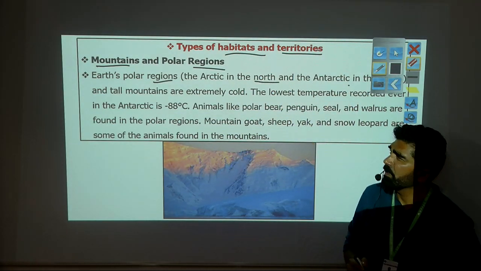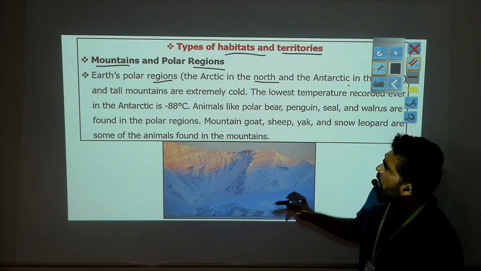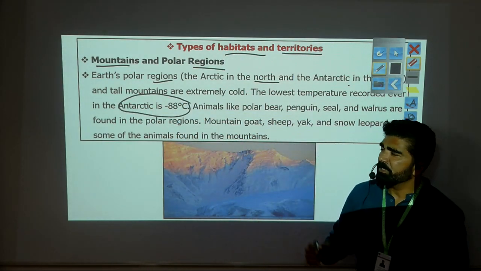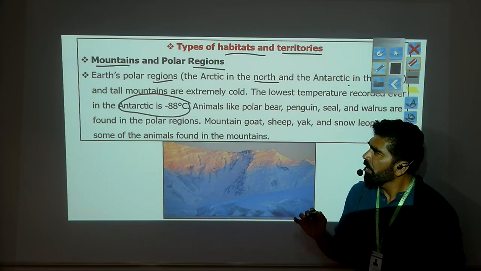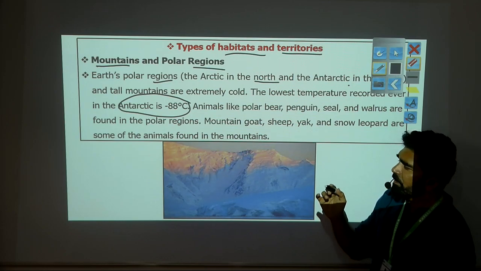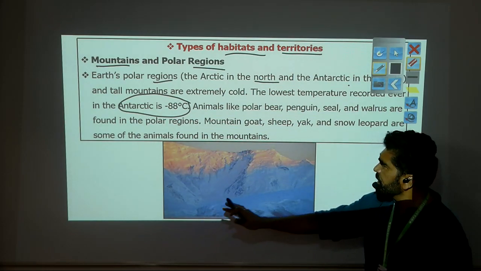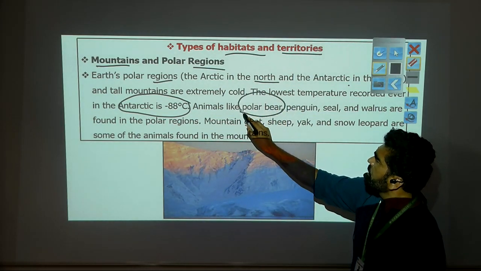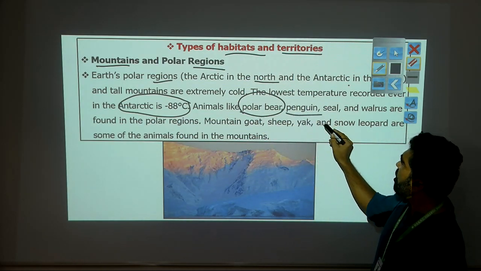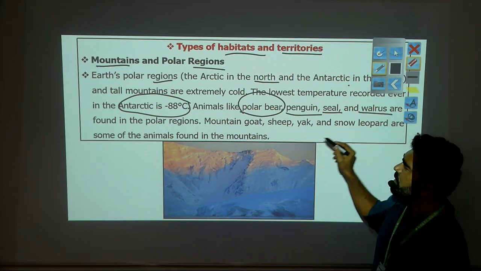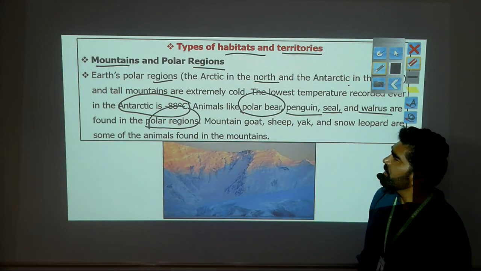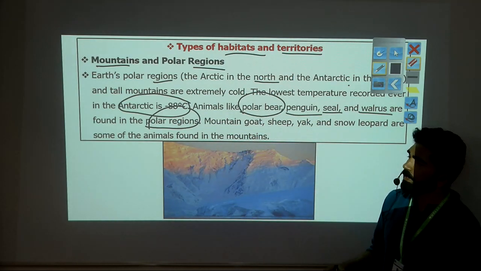In the Antarctic, the temperature is minus 88 degrees Celsius. In that very harsh condition, polar bears live happily over there, and also penguins, seals, walruses. Such animals are present in the polar regions.